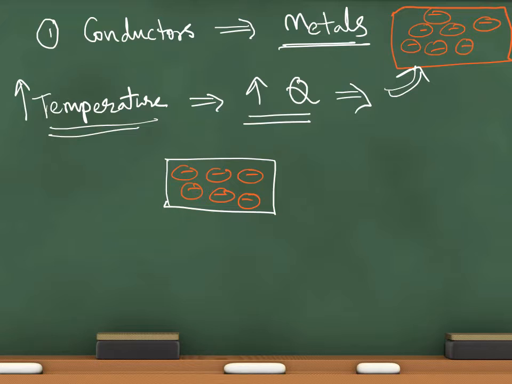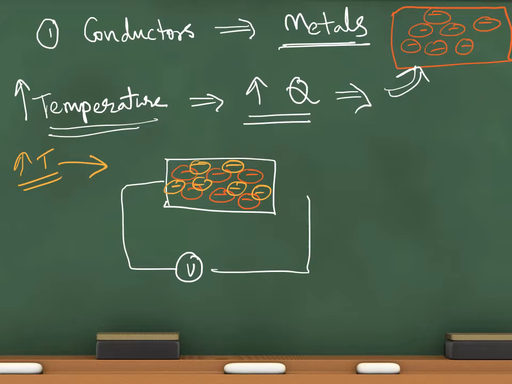If I increase the temperature, there will be more electrons due to the change in temperature. And if I apply some voltage to this, there will be flow of current. But there won't be free space in the conductor for the charge to flow freely.